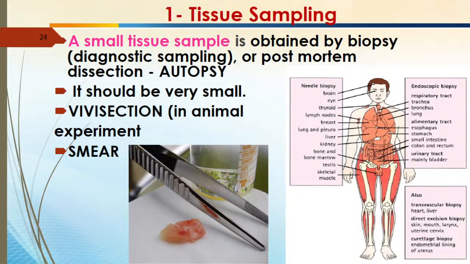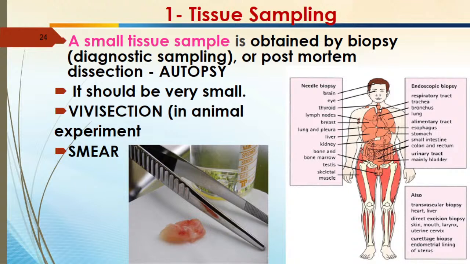First of all, tissue sampling. A small tissue sample is obtained by biopsy, diagnostic sampling, or post-mortem. In this case it is named autopsy. So biopsy we use for investigation of a living body, and autopsy for a dead body.